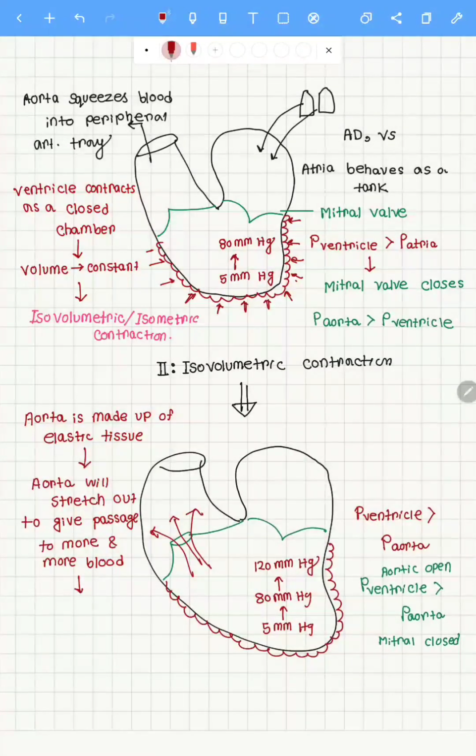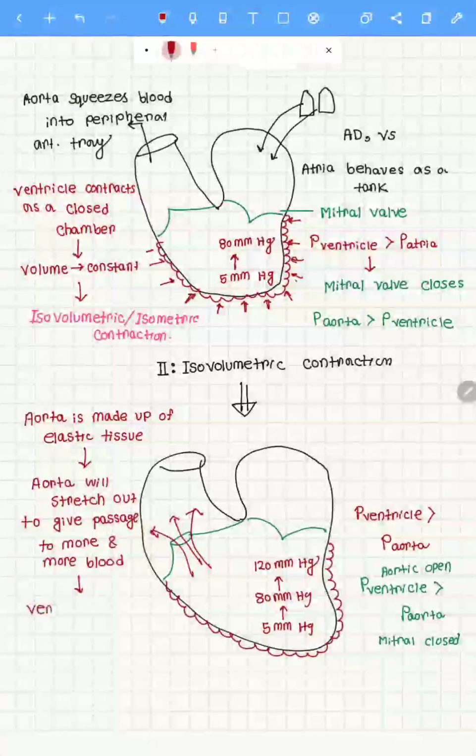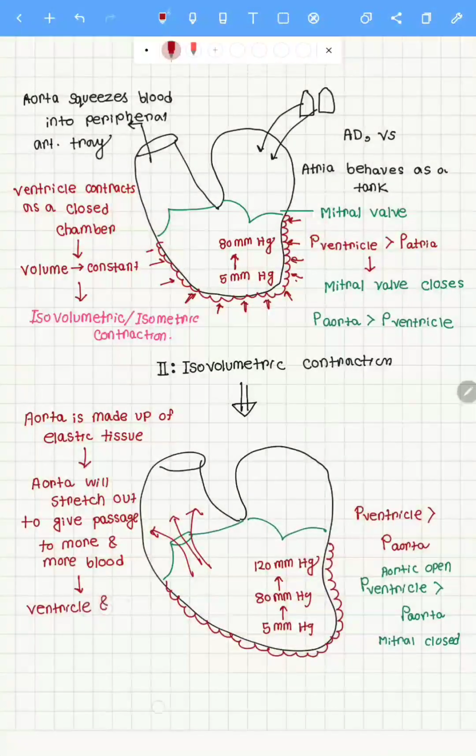They together act as the same chamber. Ventricle and aorta act as same chamber because they are connected, right? As the blood is rapidly ejected from ventricle to the aorta, this phase is called rapid ventricular ejection phase.